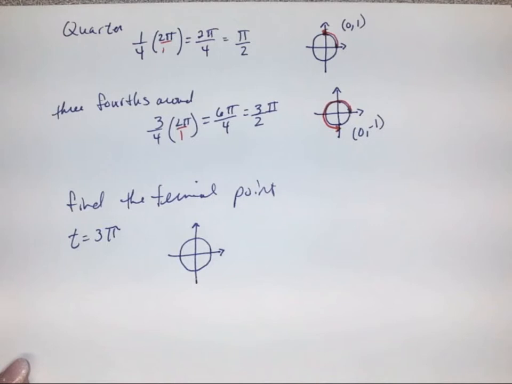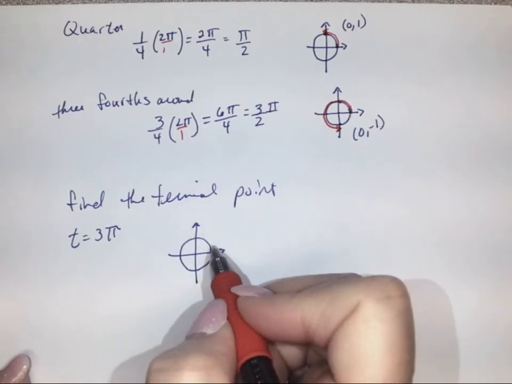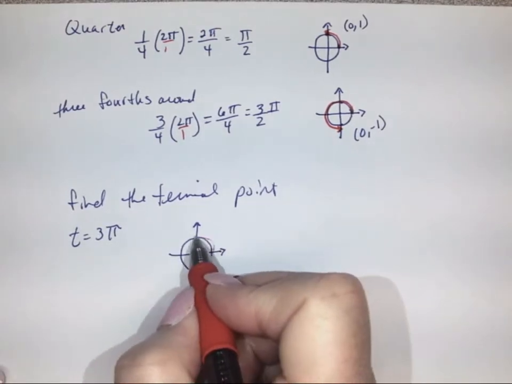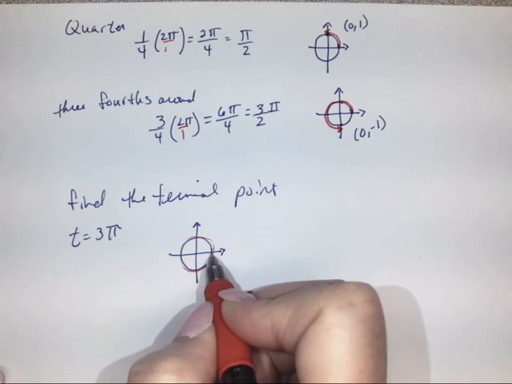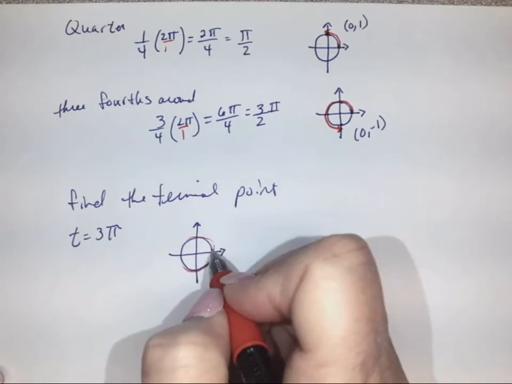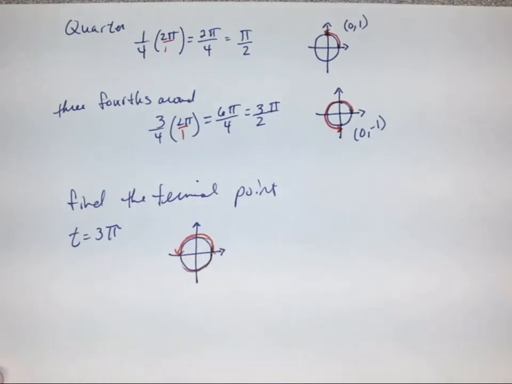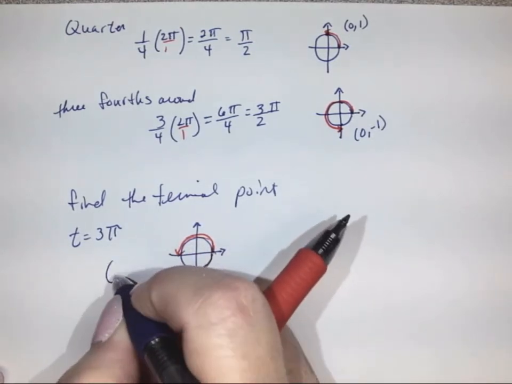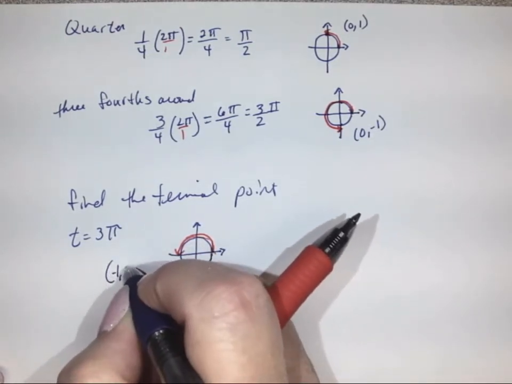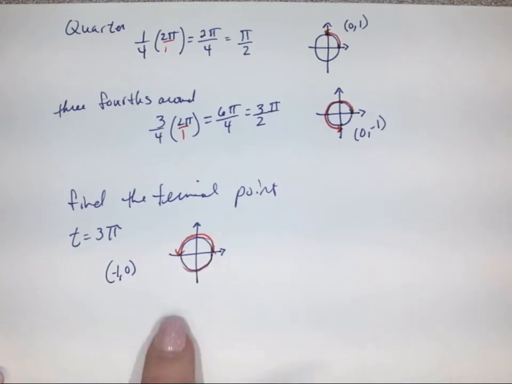We know this would be 1 pi, 2 pi. 2 pi is all the way around. It's 1 more pi, so it's going to land us back over here. So the terminal point would be negative 1, 0, because we're back on this x-intercept.